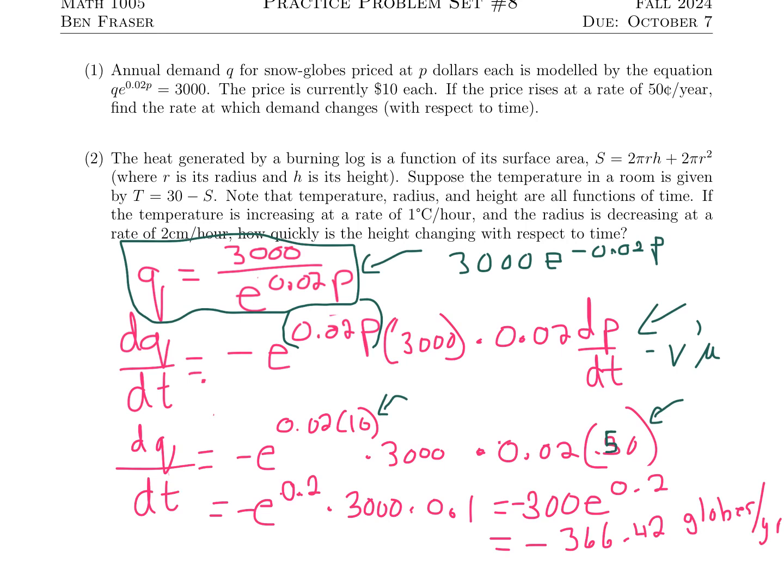So that means that we would be selling that many fewer globes, probably round off to negative 366 because you can only have whole numbers of globes, but you would be losing your market for that many per year if you were doing a price increase of 50 cents a year.